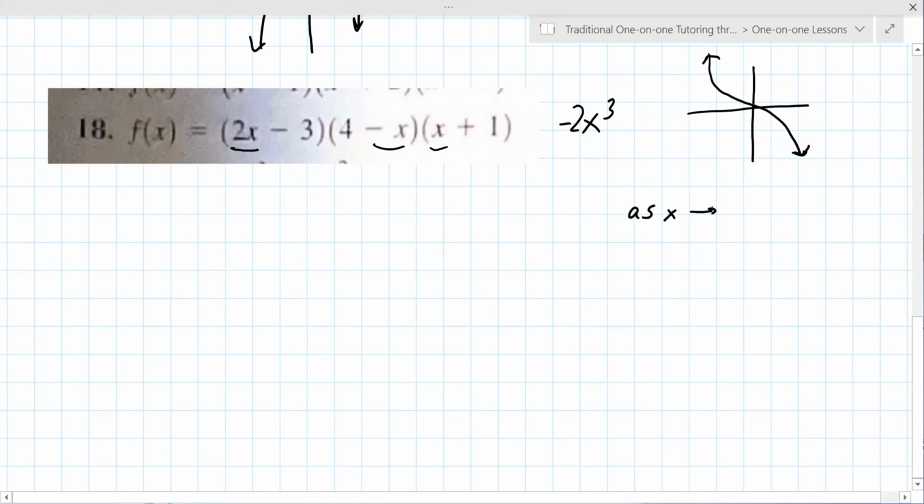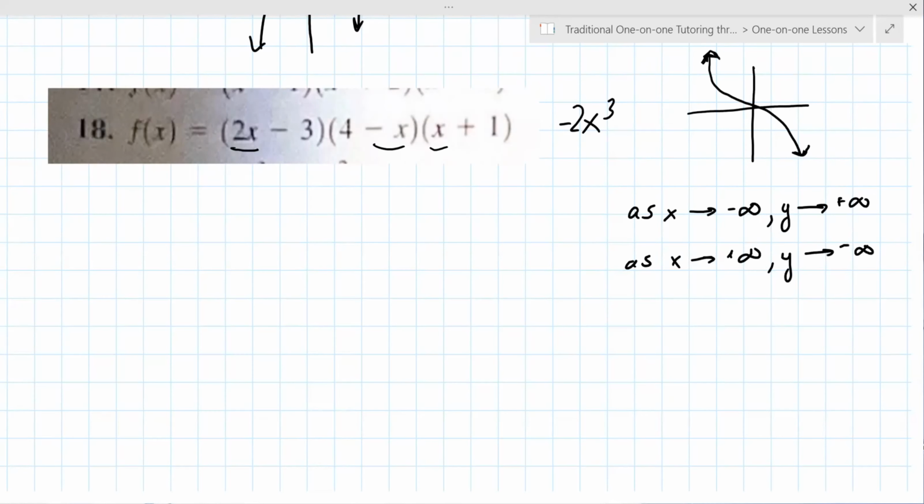As x goes to -infinity, f of x goes to +infinity, so that's this direction over here. As x goes to +infinity, y goes down to -infinity. So you can do that without graphing. Of course, we do want a graph, so I'll make the graph here, and then I'll give you the appropriate window, which will be visible from the graph.